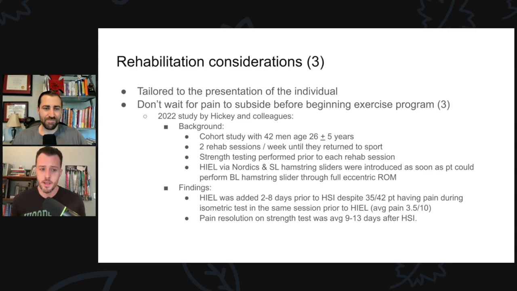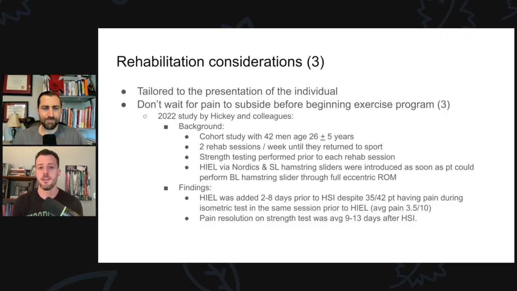So I think an important point on that is don't wait for pain to subside before beginning an exercise program. You'll see this very often in the research is that they'll use the pain monitoring model. So if you have the patient working into a 3 or 4 out of 10 pain, that's probably okay. With most of our strength and conditioning exercises, we're not putting the hamstring through too much strain where we could cause a restrain injury.